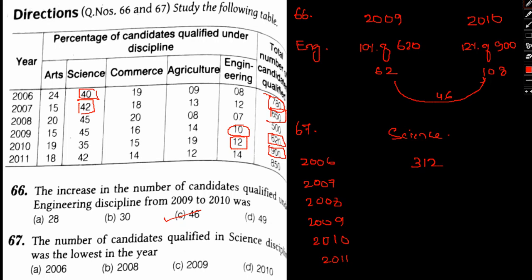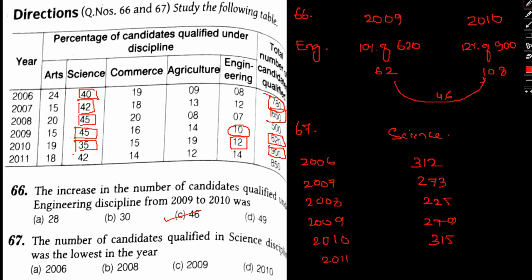In 2007 science is 42% of 650. So 42% of 650 would be 273. In 2008 it is 45% of 500, that would be 225. 2009, 45% of 620, so that would be 279. 2010, 35% of 900 would be 315.